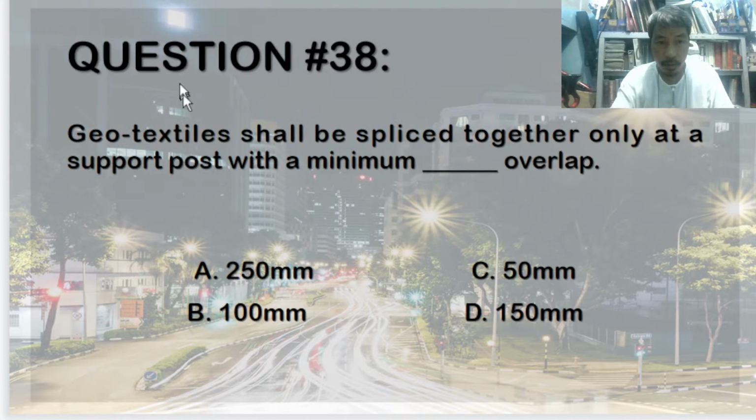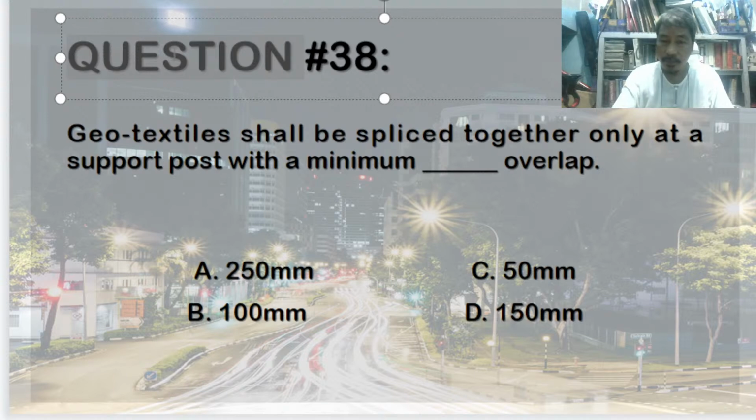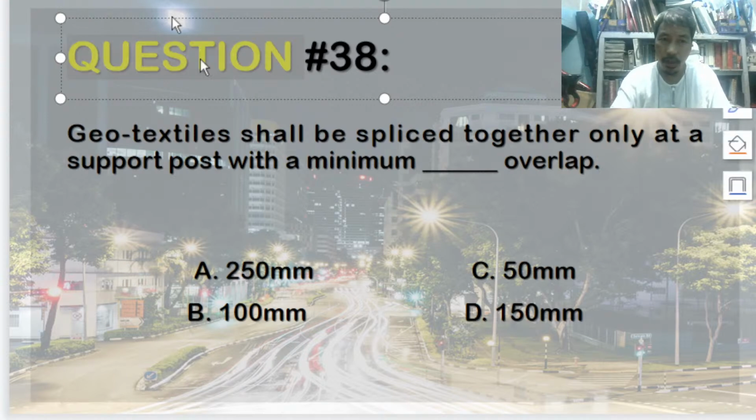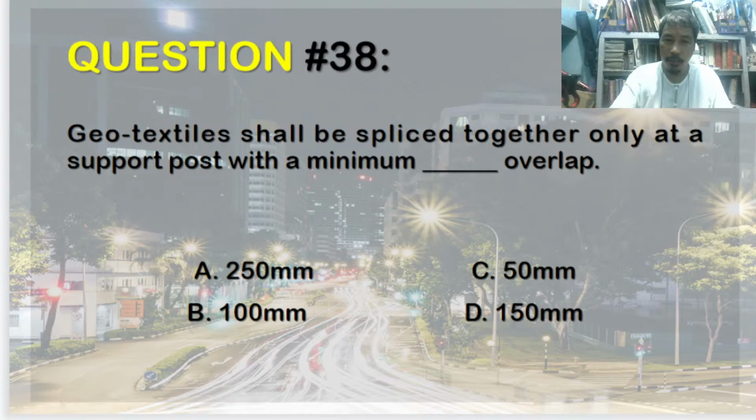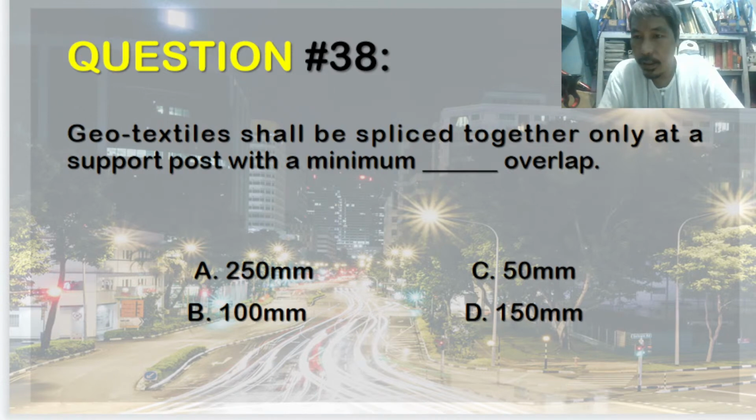So, this is the fifth question. After this, we will go into about a 1 minute break. Geotextile shall be spliced together only at a support post with a minimum blank overlap. So, there must be an overlap for the erosion resistance capability to be effective.